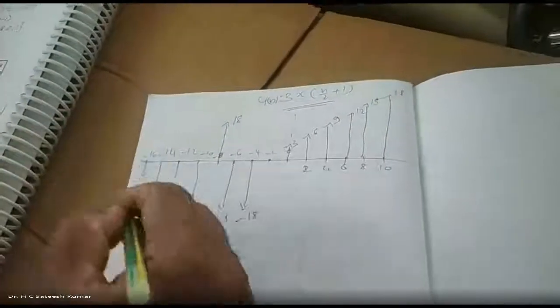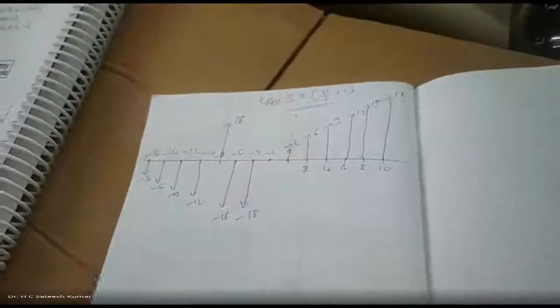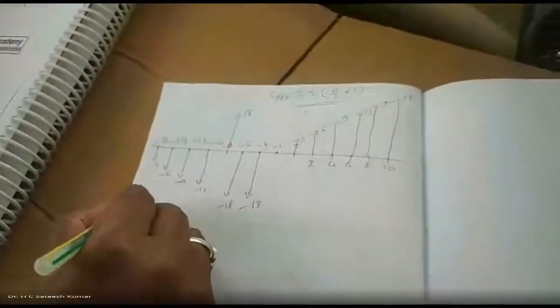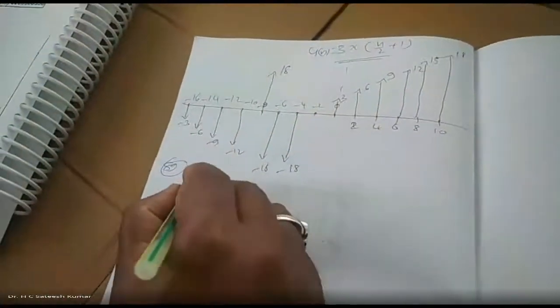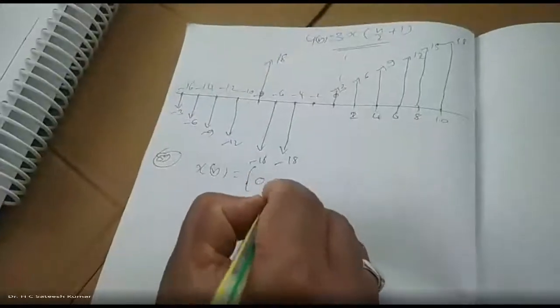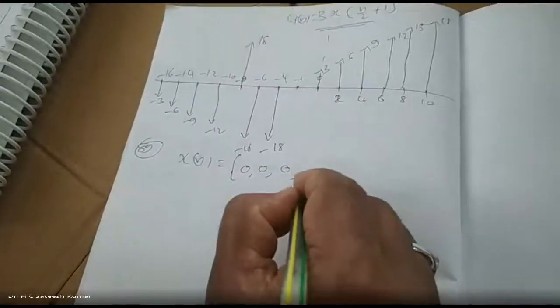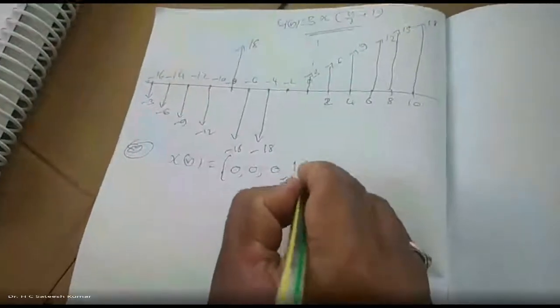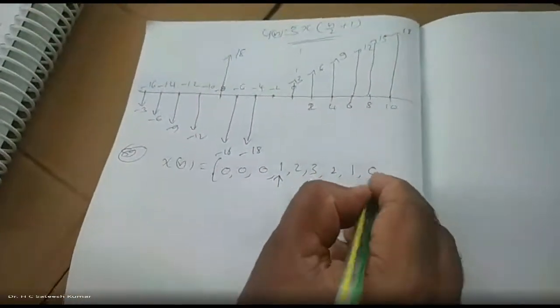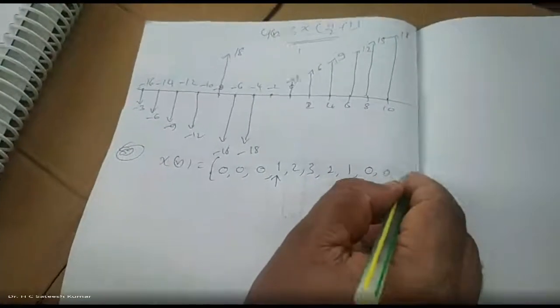Okay, right. One more problem is there. This is another examination problem. It is given like this: x of n is equal to 0, 0, 0, arrow mark 1, 2, 3, 2, 1, 0, 0, 0.